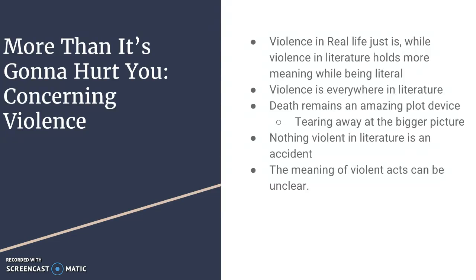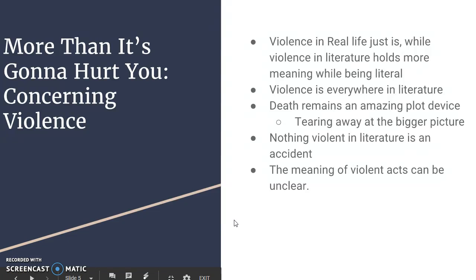It's explained by Foster that violence in literature is not an accident. For the author, everything that happens is intended, and the meaning of violent acts can be unclear to a lot of readers because violence in real life usually holds no meaning, but it serves as a reason to look farther into the symbols and the allusions.